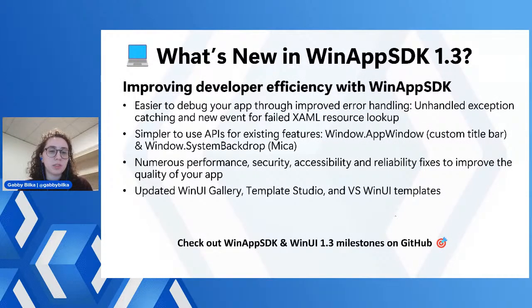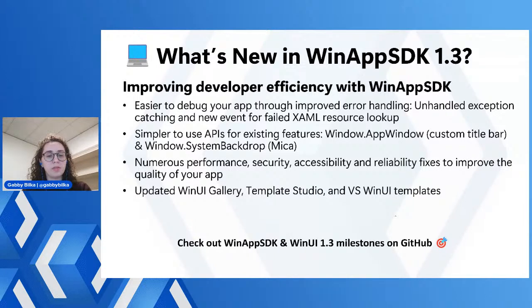As mentioned previously, what's new in 1.3? The focus of this was to improve dev efficiency. So there's a lot of behind the scenes updates, including making it easier to debug your app through improved error handling. So improvements to unhandled exception catching and a new event for failed XAML resource lookup. Simpler to use APIs for some existing features like window.AppWindow and window.SystemBackdrop.